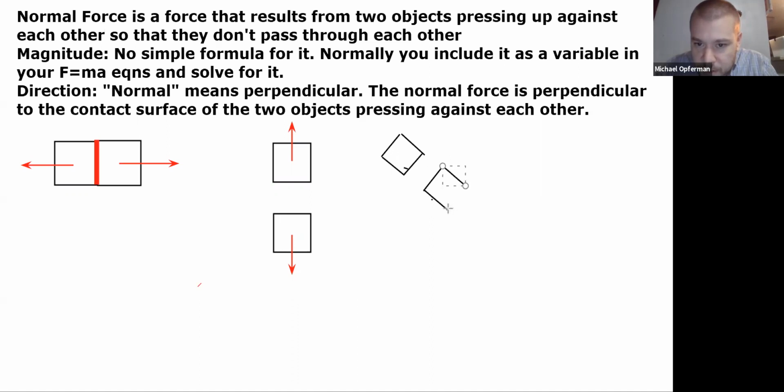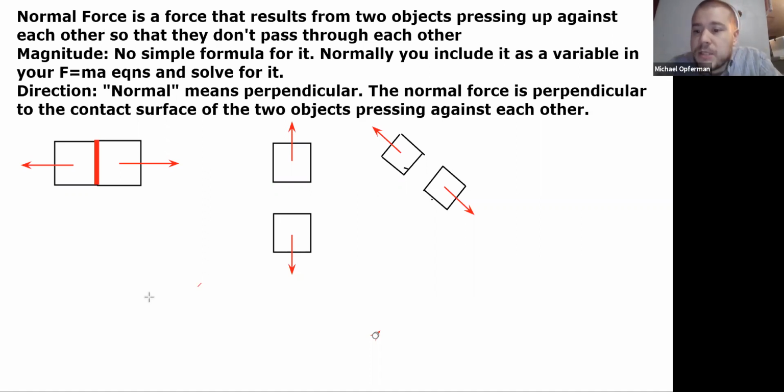If my blocks are tilted this way, then the normal force will also be tilted, something like that, because it has to remain perpendicular to the interface between the two objects. So the direction of the normal force is perpendicular to the contact that is causing the normal force.